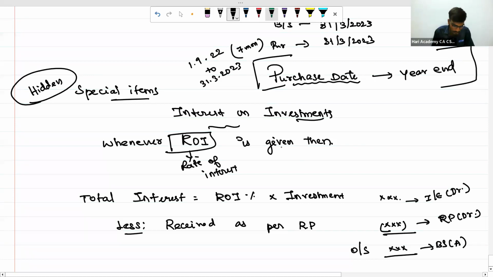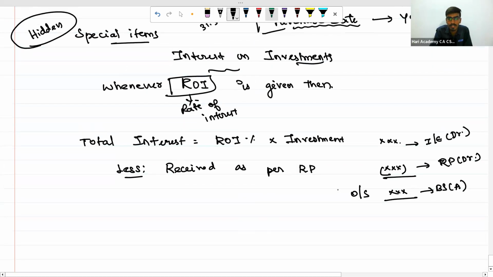So these are the basic special items which you need to remember. And the final finishing touch which I am going to give under the NPO is to write down the note. What is the note here?